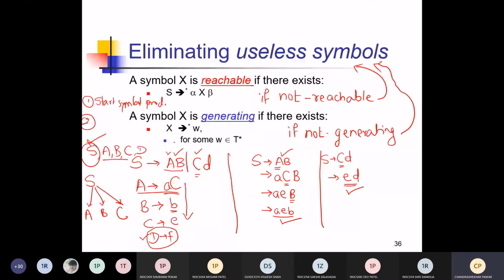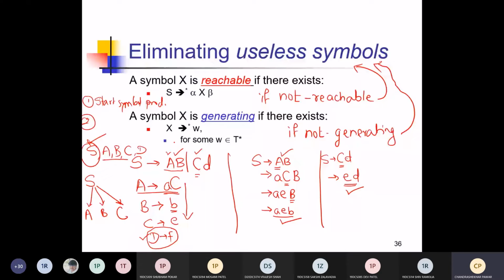So we can say that D is not reachable from any non-terminal. As it is not reachable, we need to eliminate that non-terminal, which does not take part in string generation. It is not useful to us, so we need to eliminate such a useless symbol. It is called a non-reachable symbol. Clear to everyone?